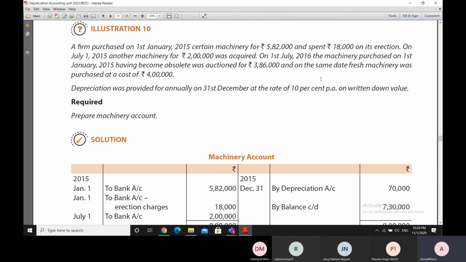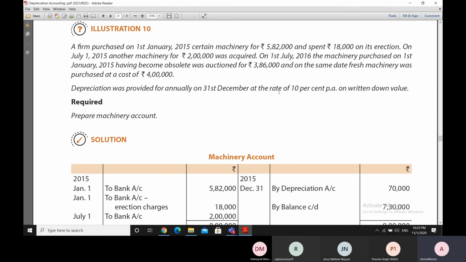And the fresh machinery was purchased at a cost of 4 lakh rupees on the same day, which means that on 1st July, machinery was purchased for 4 lakh rupees, and therefore for this year, since it was purchased for 4 lakh rupees, half year depreciation would be allowed. So full year depreciation would be 40,000 rupees at the rate of 10%.